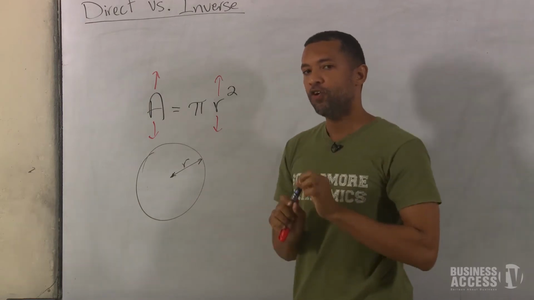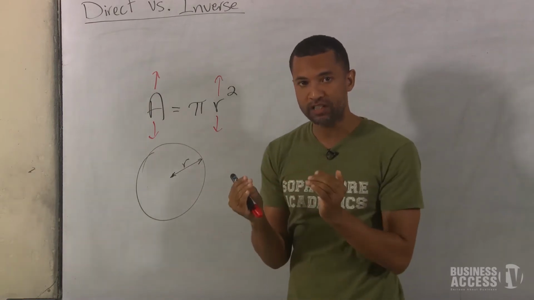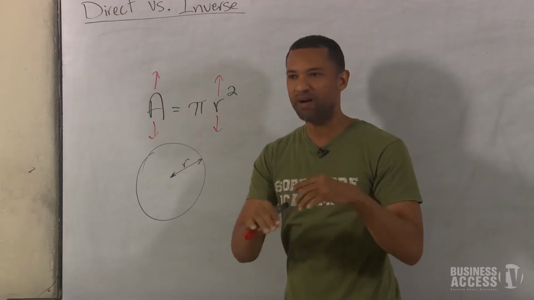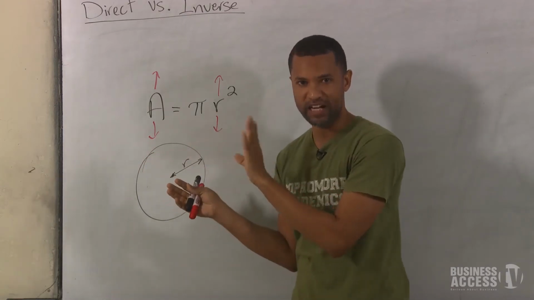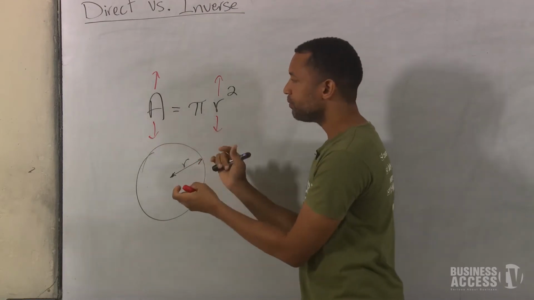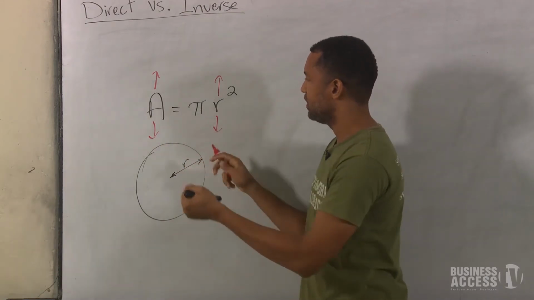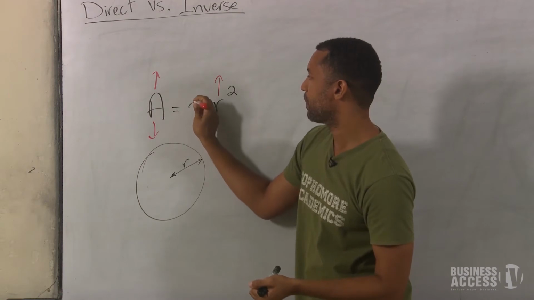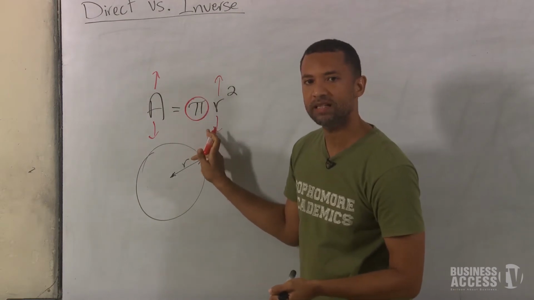And guess what? Relations are a different topic as well in math. These equations are all relations, but we'll get there. The relationship is connected by this right here, a constant.